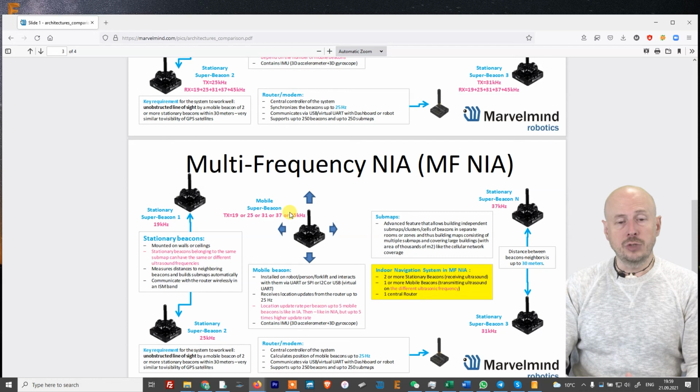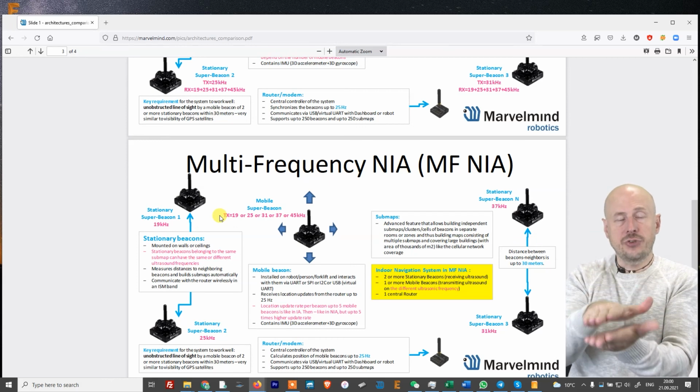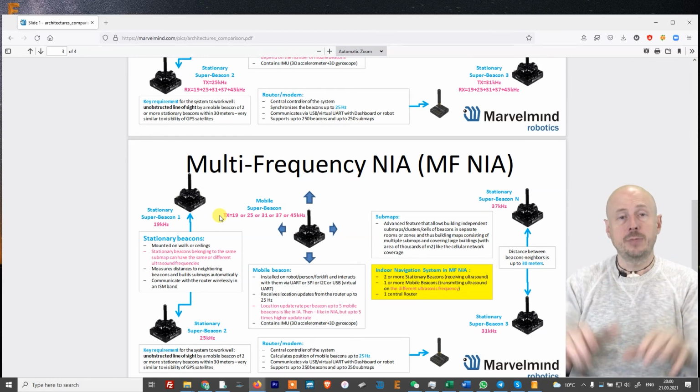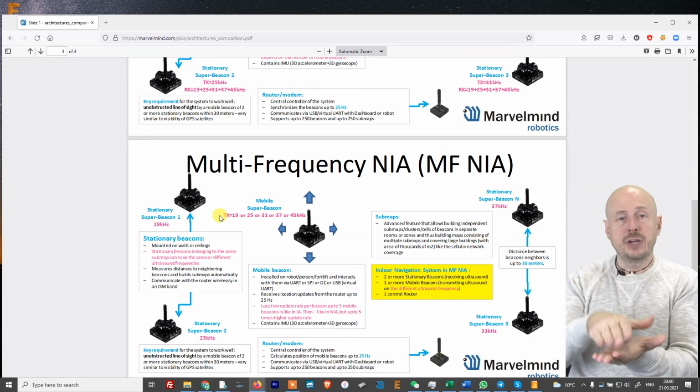So you can fly up to 5 drones without update rate reduction. And this is why multi-frequency. It's exactly like NIA, but like 5 different NIAs at the same time with the same number of beacons. So you don't need to install more beacons. The same beacons, but 5 different frequencies.